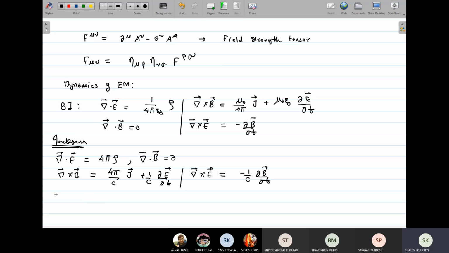And now I will use a different unit system. I will use Heaviside-Lorentz units. The conversion from SI to Gaussian, and Gaussian to Heaviside-Lorentz units, is given in the appendix of J.D. Jackson.